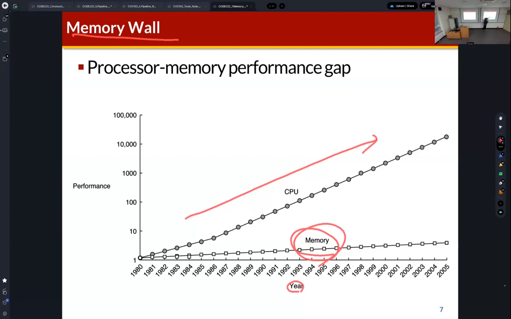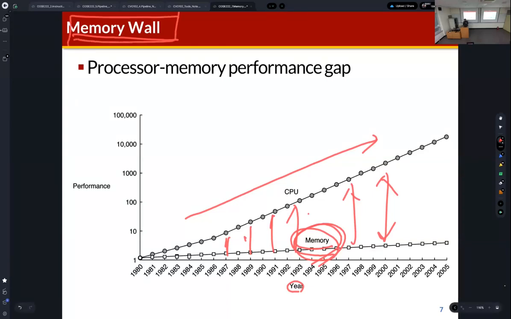The y-axis is on a log scale, which means that the performance is exponentially improved. But what's the problem? The performance gap between the CPU and the memory system is also increased exponentially. Because of the slow memory, the performance of the entire computer system is degraded. This is called the memory wall.